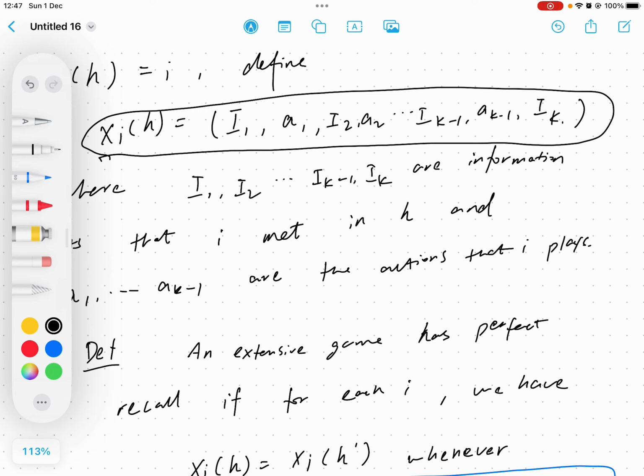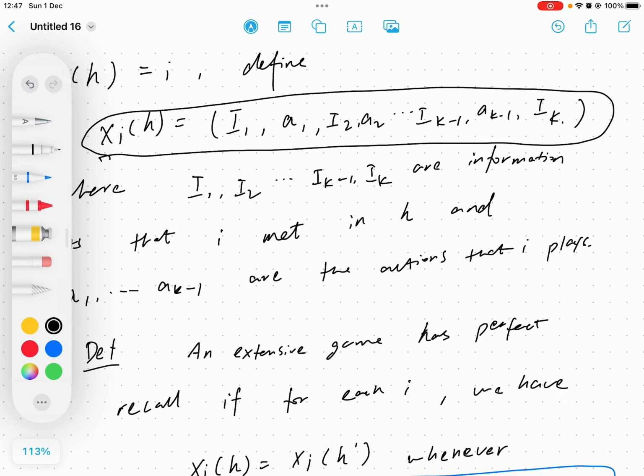However, if some player forgot what they did before, then there might be an information set connecting the past and the current or the future. So the information sets, the dotted lines, might link different time stages.